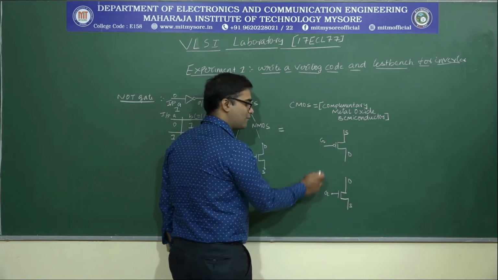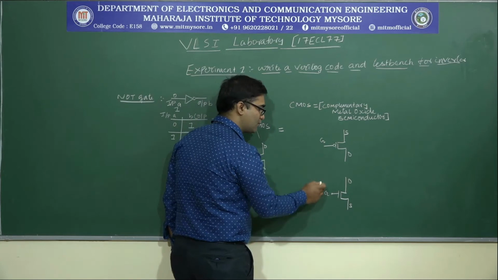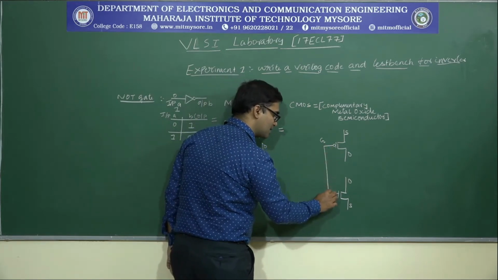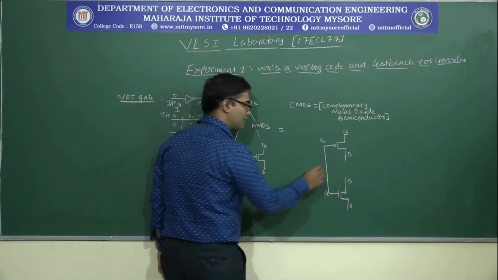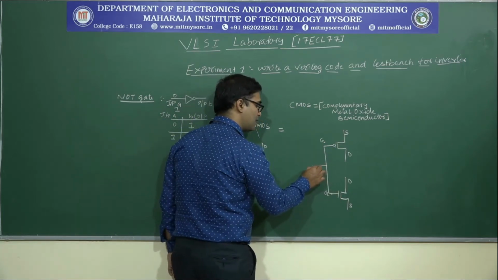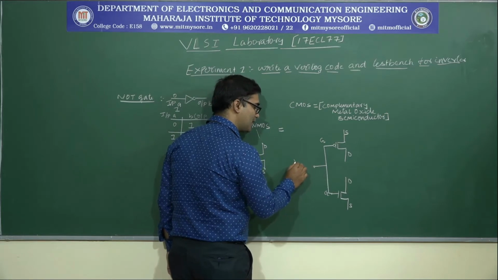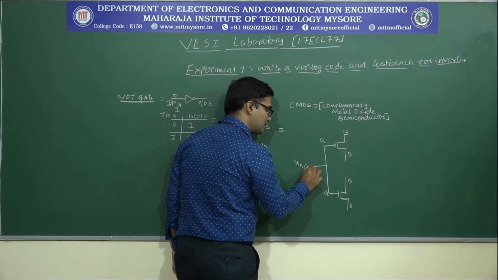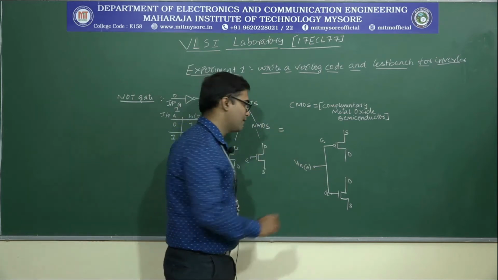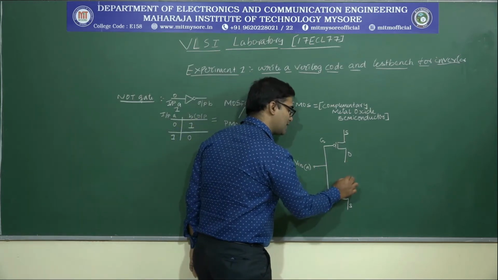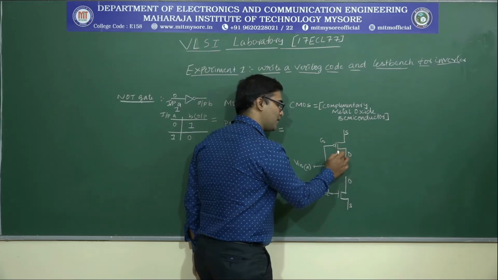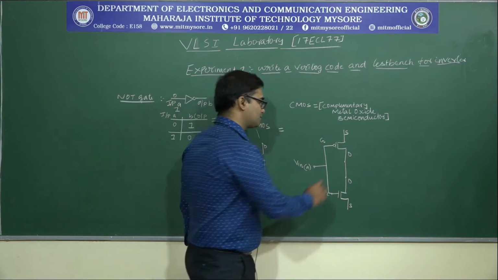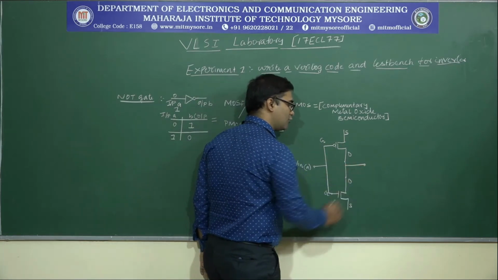The gates of the PMOS transistor and the NMOS transistor are shorted, which is provided by the input. Let us define it as Vin, with a variable A, and the drains of the PMOS and the NMOS are shorted and taken as an output.